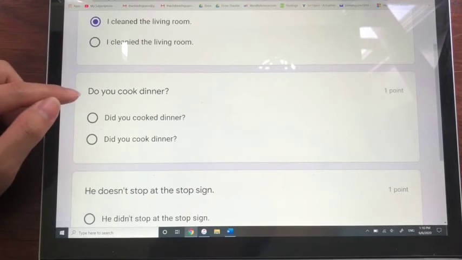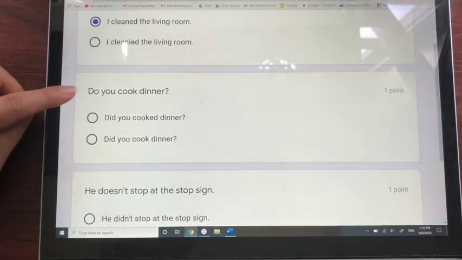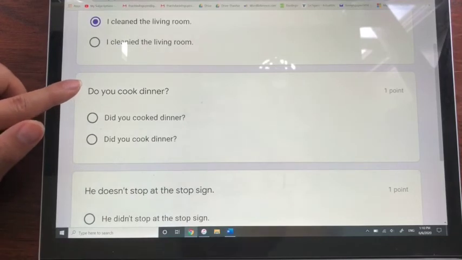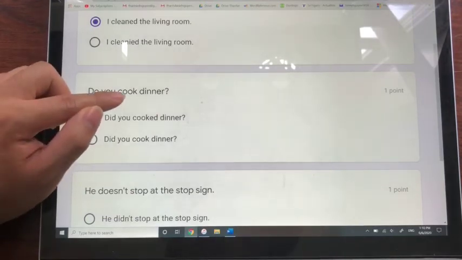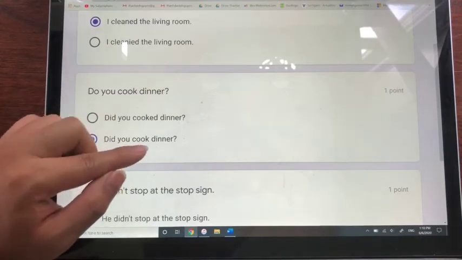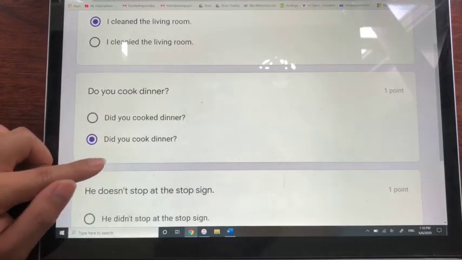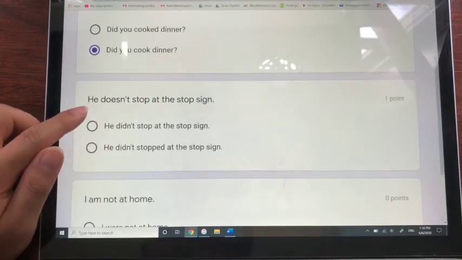2. Do you cook dinner? Because this is a question, we use the word do. So in past tense, we change do to did. And then the verb after did stays the same. So cook, cook. Did you cook dinner? 3. He doesn't stop at the stop sign.